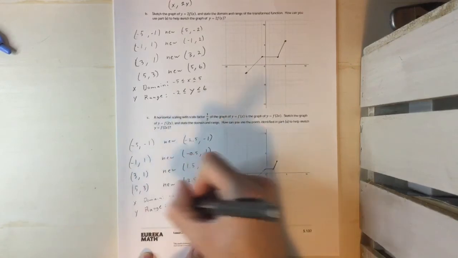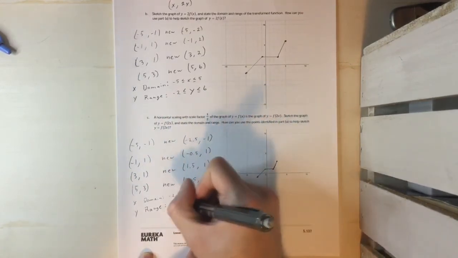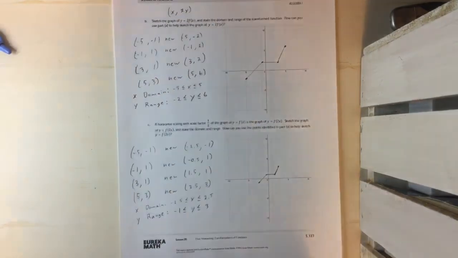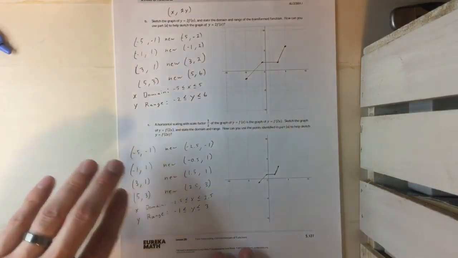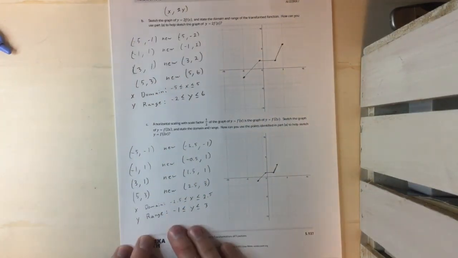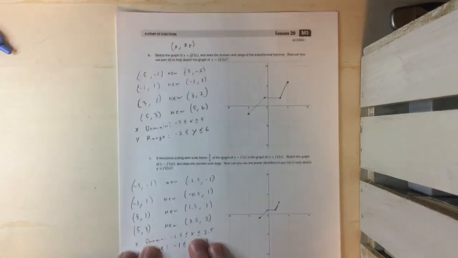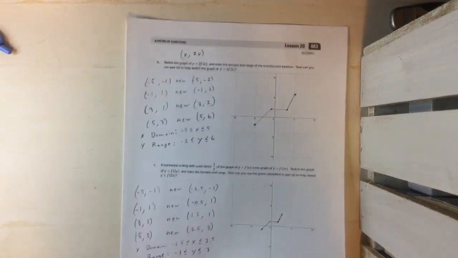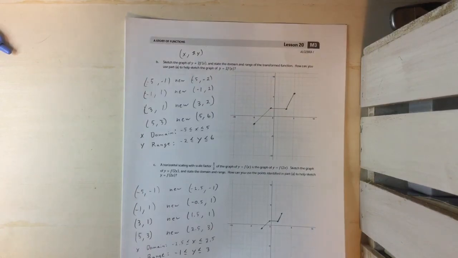That's our y, so we have -1 less than or equal to y, less than or equal to 3. So our range has not changed, but our domain has. It's the exact opposite of the previous one. This is where you can really start to see the difference between the horizontal scaling change and the vertical scaling change.